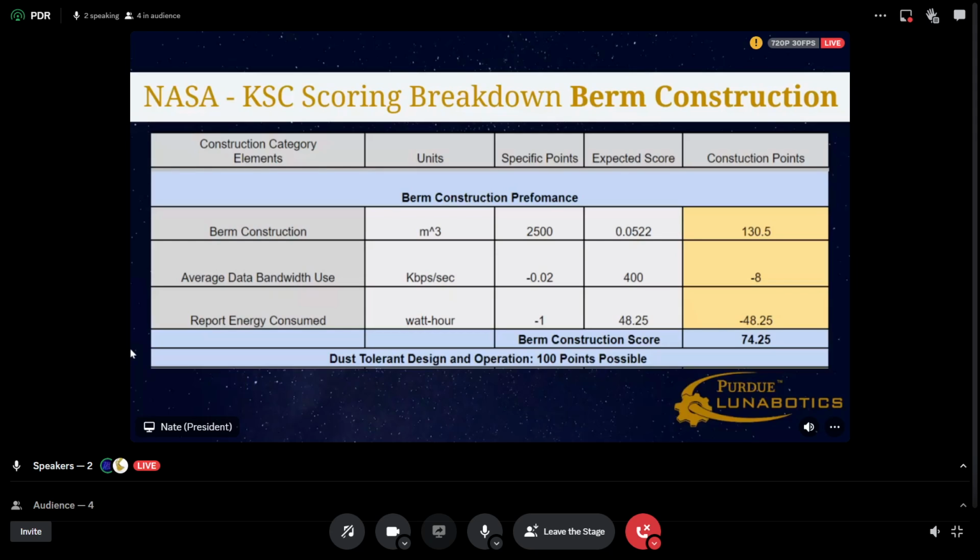This could change, but that's minus 8 points. And then energy consumed: based on those motor run times and the previous estimates, we assume we consume about 48.25 watt hours per competition run, so we would lose about 48 points there, as we lose a point per watt hour.